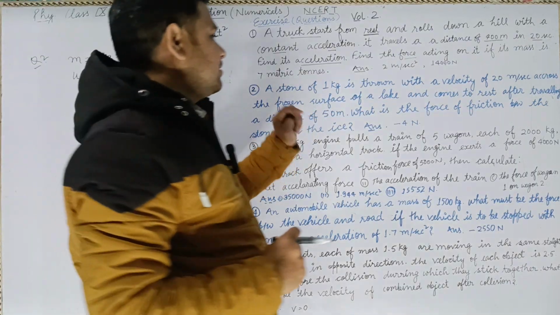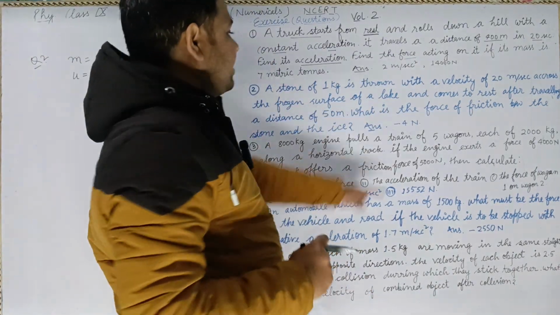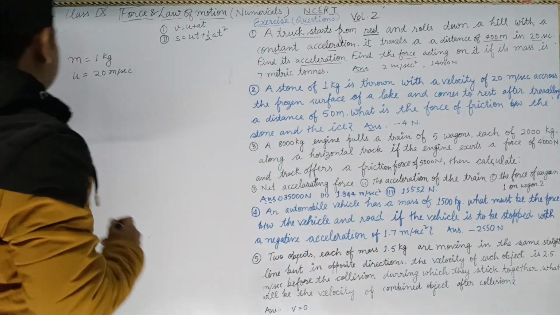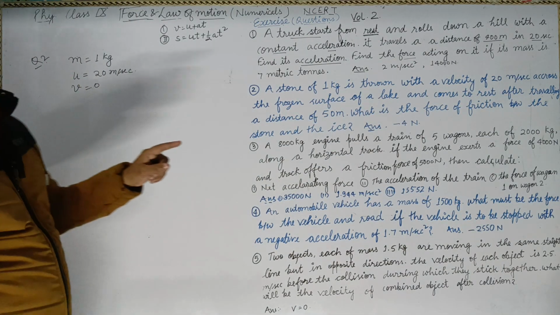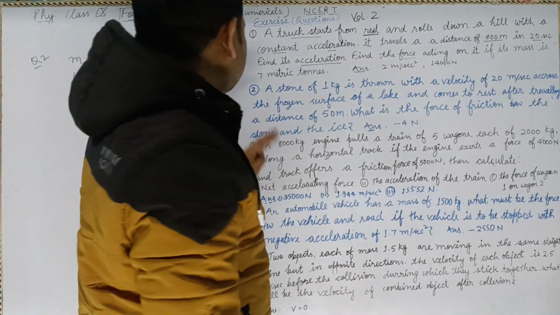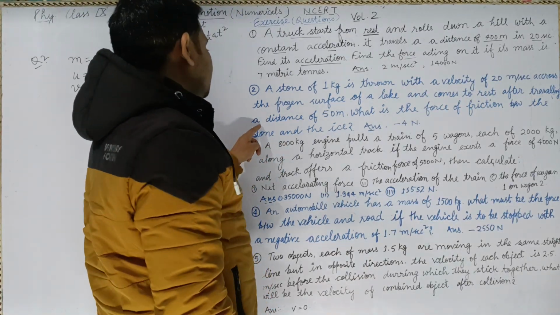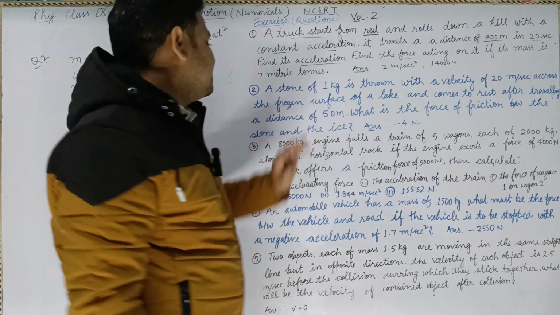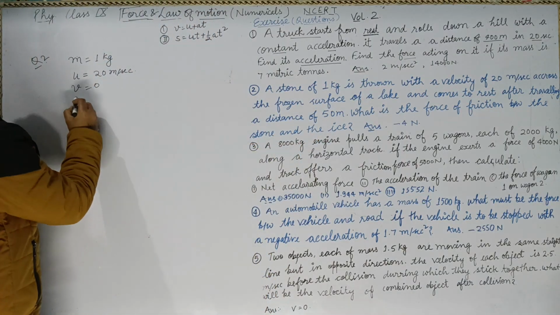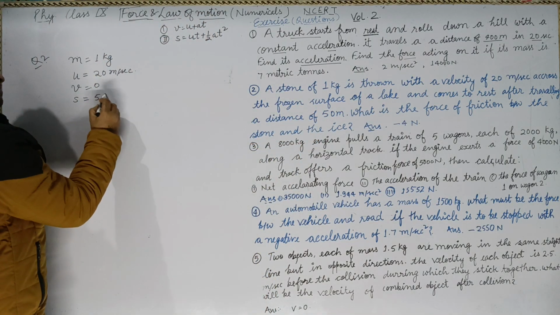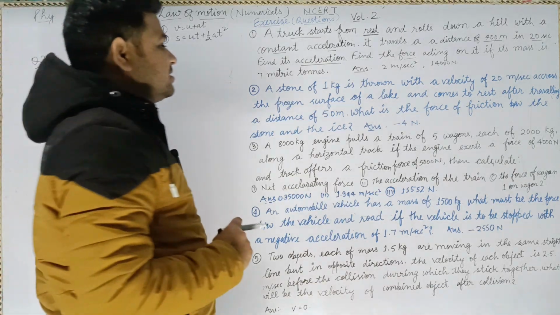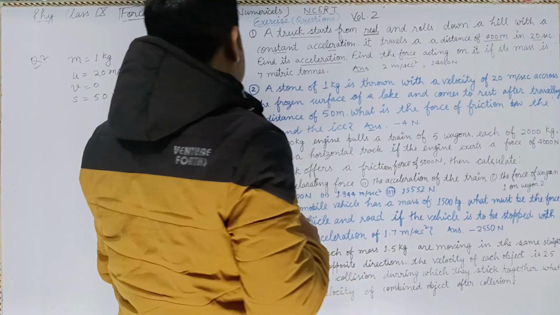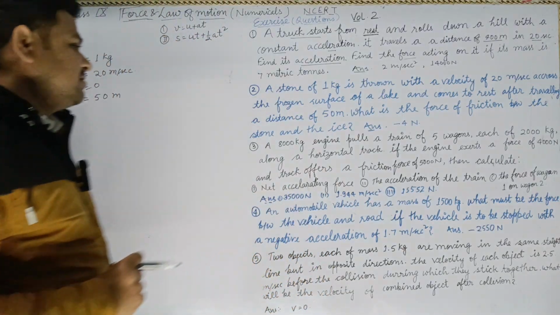Frozen surface of a lake and comes to rest. So final velocity v equal to 0, because the stone comes to rest after traveling a distance of 50 meters. The stone traveled a distance equal to 50 meters. What is the force of friction between the stone and the ice?